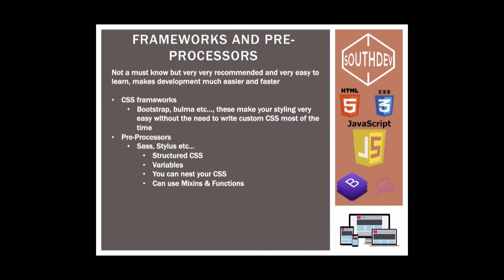You have mixins, you have functions inside your CSS, but that gets compiled to vanilla CSS by build tools like Gulp, or there's also one that compiles Sass. I think it's called Koala or something. So preprocessors are also very useful tools.